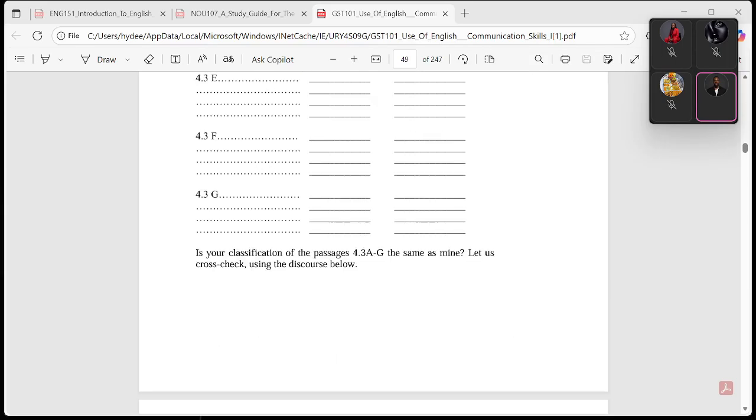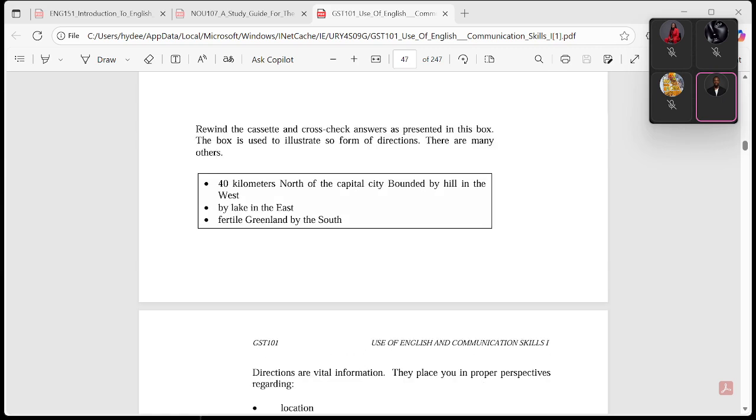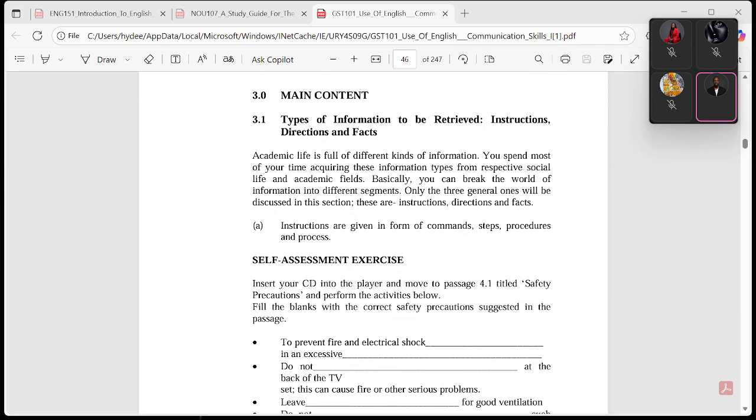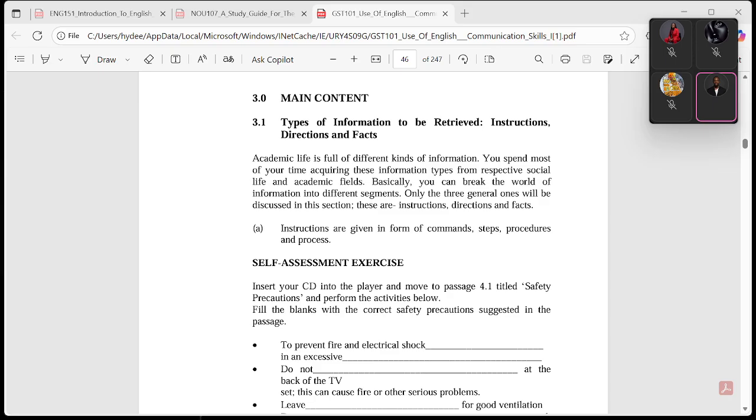Your unit has a lot of talk. So, types of information to be retrieved. I'm going to send that here. There are three types: we have the instructions, the directions, and the facts.